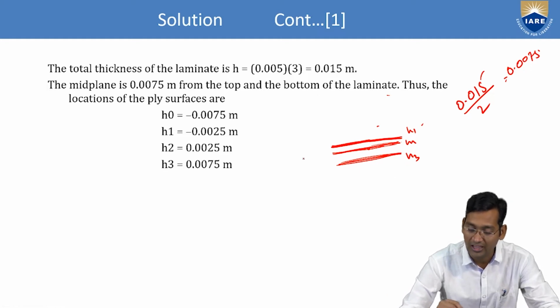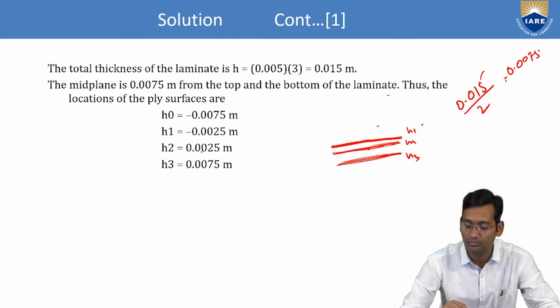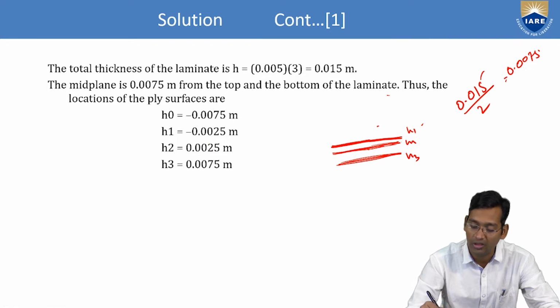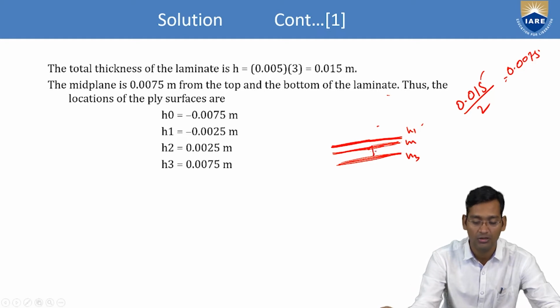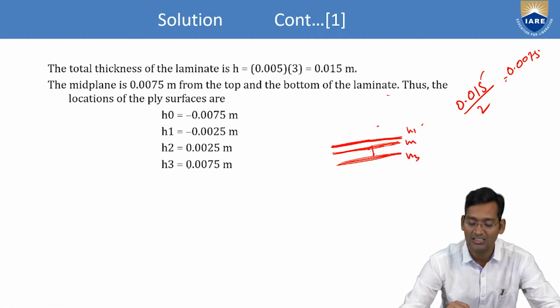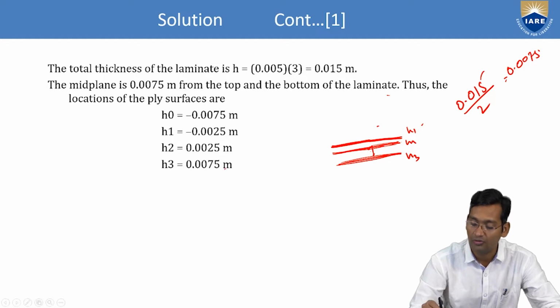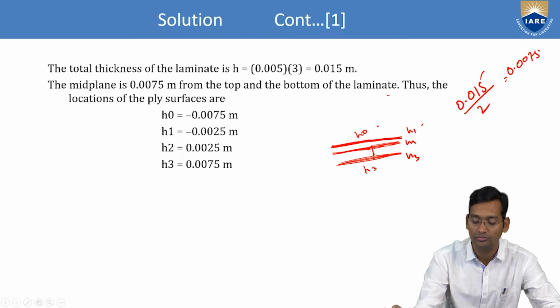Just see, H1 will be minus 0.0025. H2 will be the same again, plus 0.0025, above and below that one. And H3 is from the center, at the half distance of that one, so H3 is 0.0075. So if this is H3, this is H0.